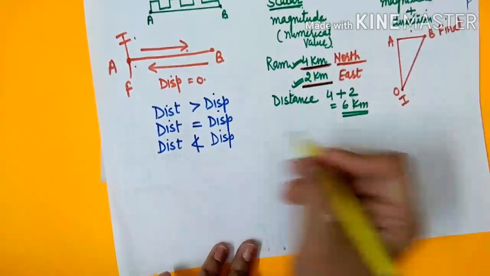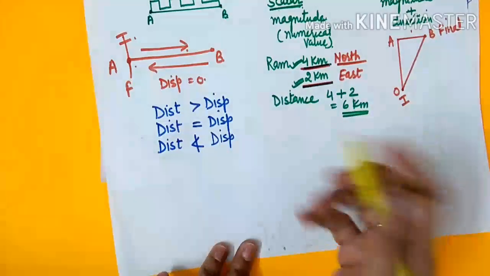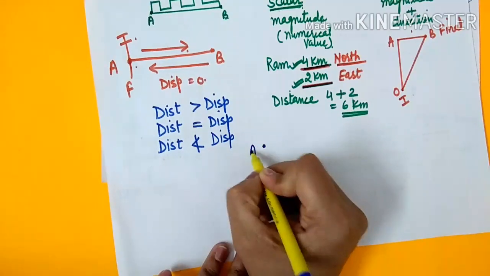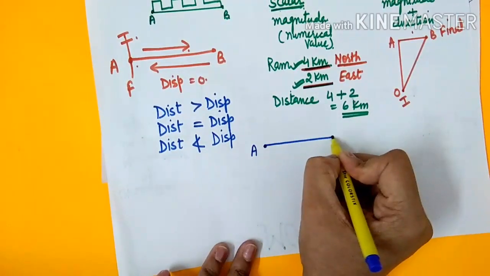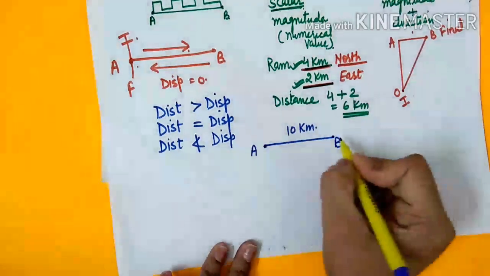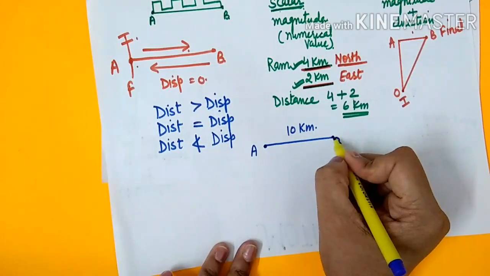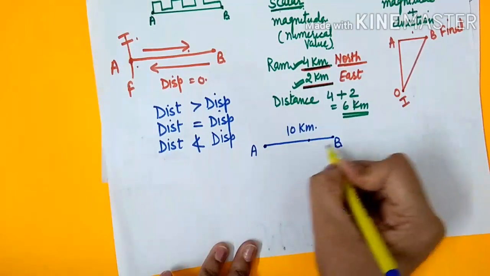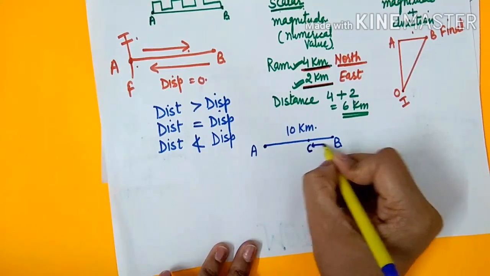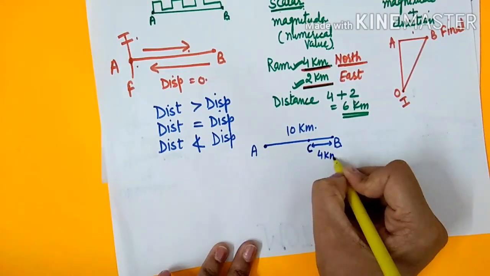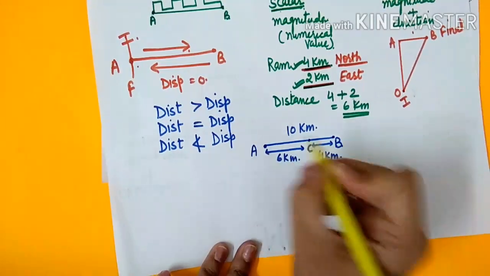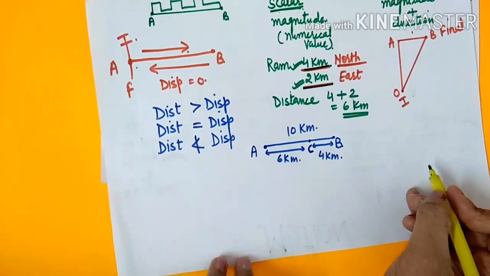How can this be possible? Let's elaborate this point by taking one example. If the boy started his journey from A to B, that is 10 kilometer, and comes back from B to C, that is 4 kilometer, now C is 6 kilometer from A, and the total distance from A to B is 10 kilometer.